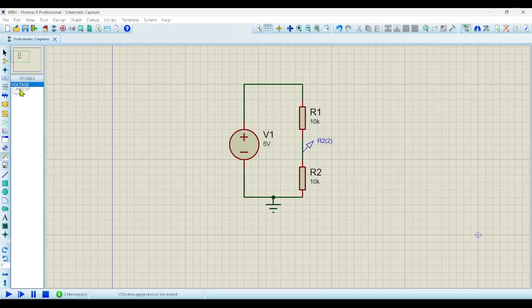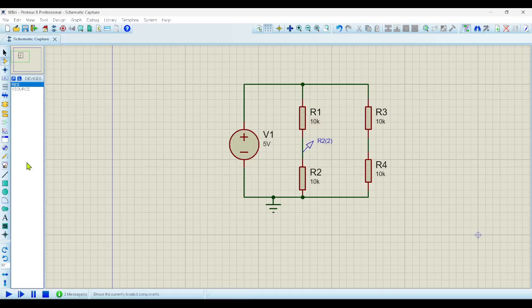I can add two other resistors. I will add them up here to the right, R3 and R4, and I can connect them in series. And if I connect this to ground and this to voltage, I will have a second voltage divider, right? Right now, it will be the same value because these are the same. So this branch has the same voltage as this branch, and they have the same voltage as the power supply, right?